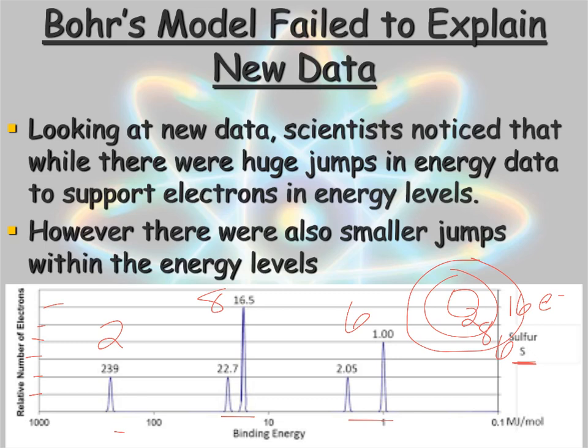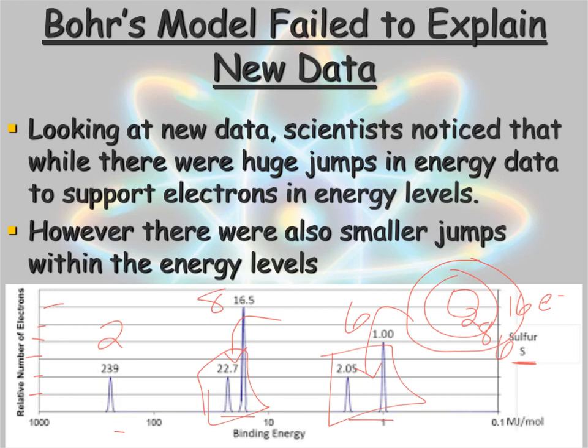So Bohr was not wrong about energy levels per se, but notice how there is further division in the 8 and the 6, the second and the third ring. So this means that there's further organization going on for the electrons than just being in rings. So while they aren't necessarily in rings, they're further organized than that.